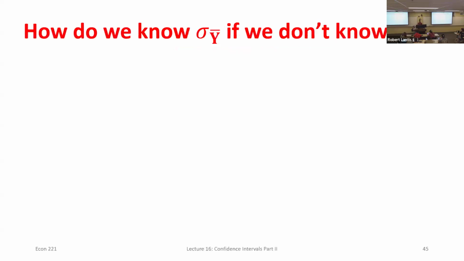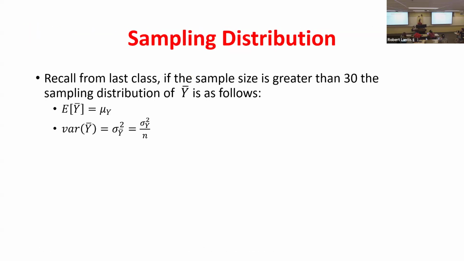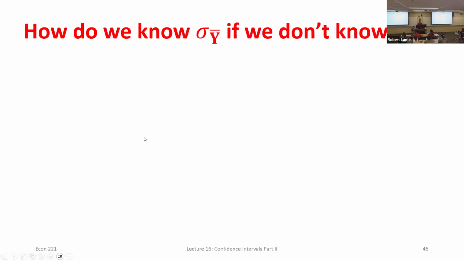So to summarize, we left off with this idea that the mean, or the expected value, of our sample means is the population mean, and the variance will be our population variance over our sample size, okay? So what happens if we don't know the population variance? If I was taking samples, that means I probably didn't have population data, so how am I going to know the population variance?